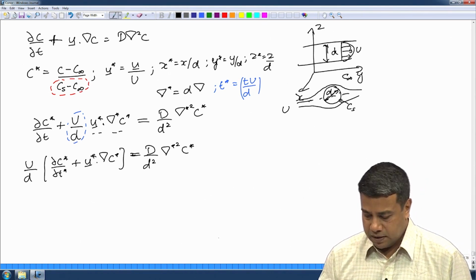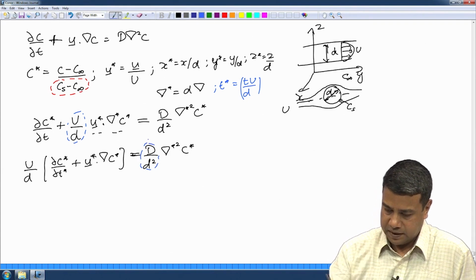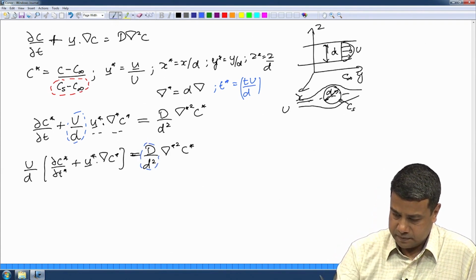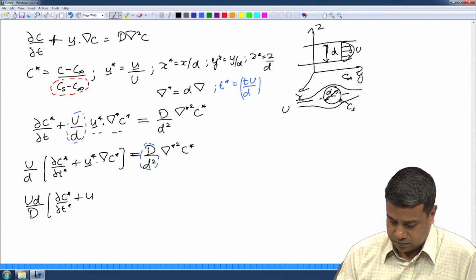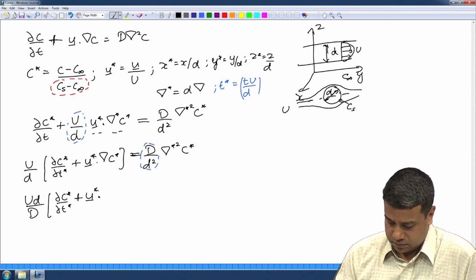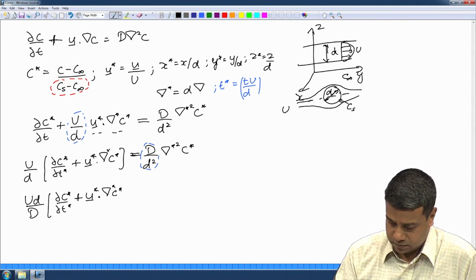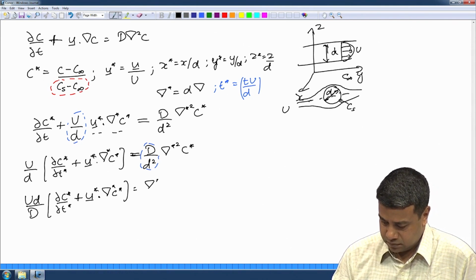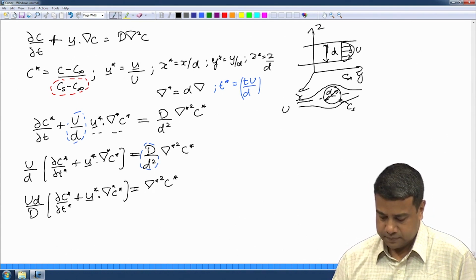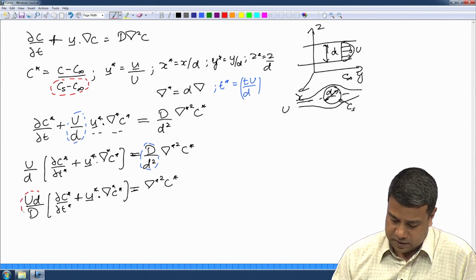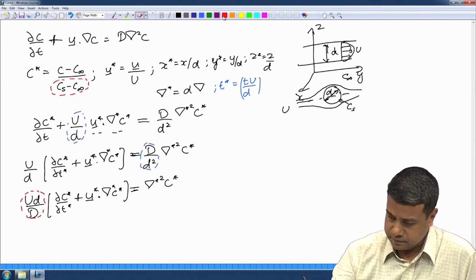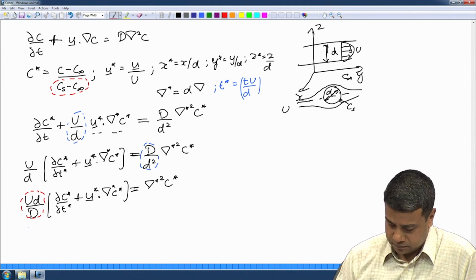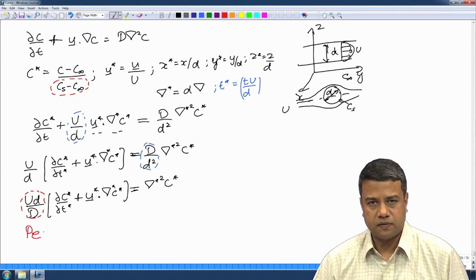And if I divide throughout by this factor here, what I will get is the Peclet number for mass transfer.